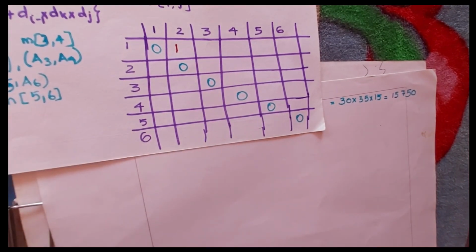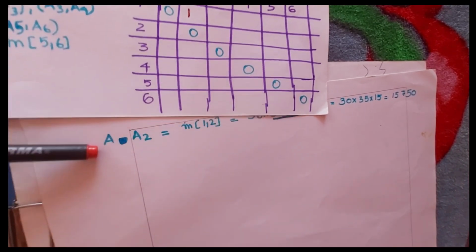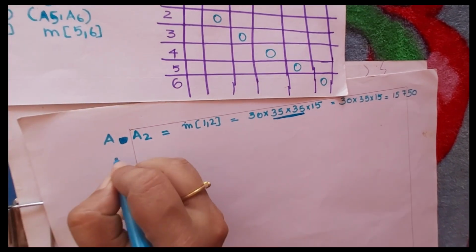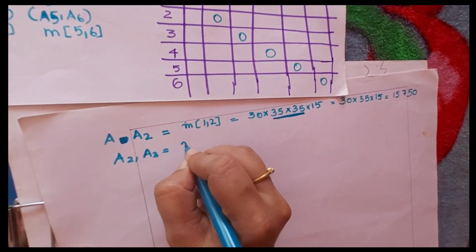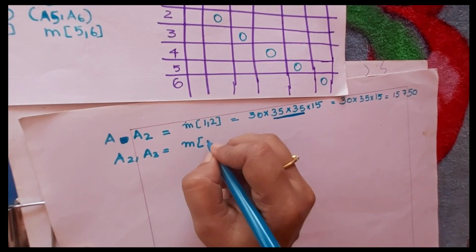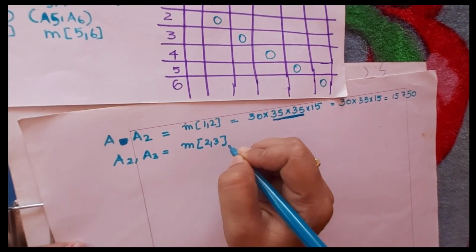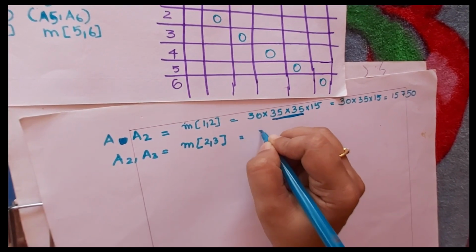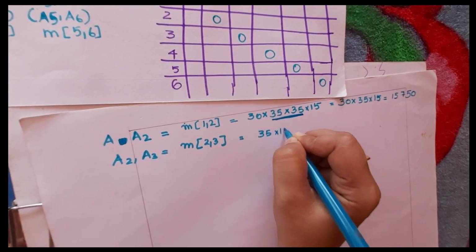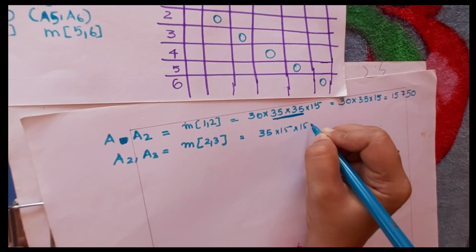Now we'll go for the second one, that is A2 comma A3. That can be written as M of 2 comma 3, which is 35 into 15 into 15 into 5.